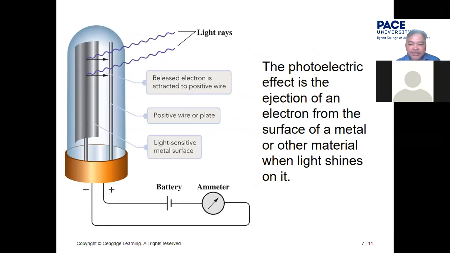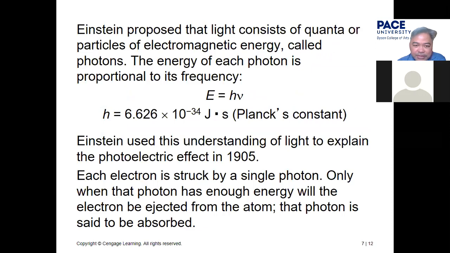Now the wave theory of light cannot explain this phenomenon. So what one of the persons with one of the greatest minds did is, Einstein proposed that light consists of quanta, or particles of electromagnetic energy, that he called photons. He said the energy of each photon is proportional to its frequency.